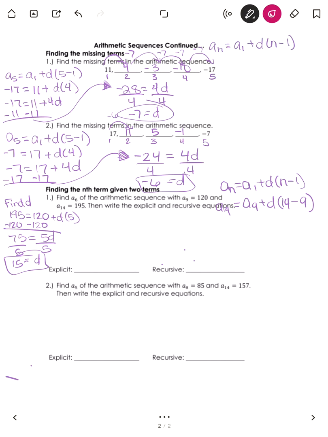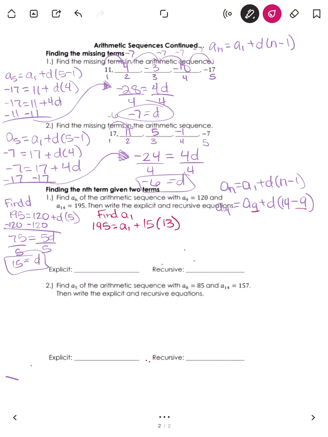Now that we know D, we're going to find A sub 1. So let me change colors so they don't all blend together. Okay, we're going to change that A sub 9 back to A sub 1, which means we're changing this term and this term back to a 1. So we have 195 equals A sub 1, plus we now know our common difference is 15, times 14 minus 1, which is 13.